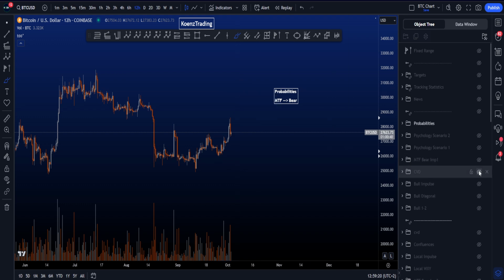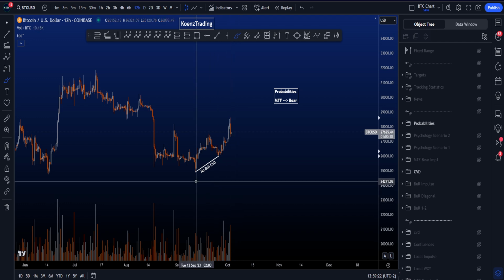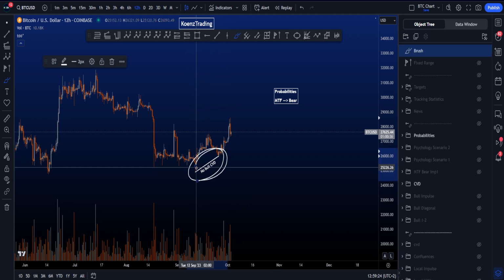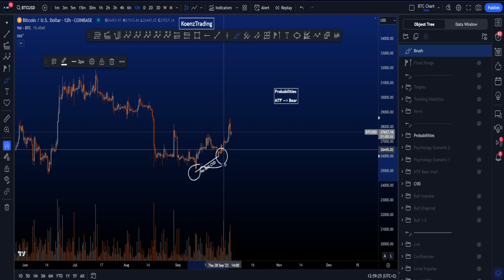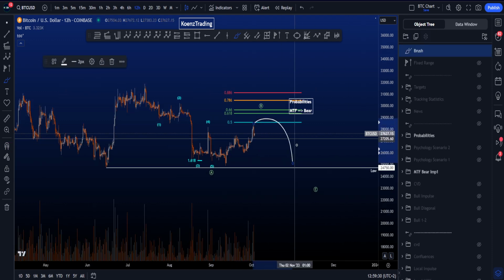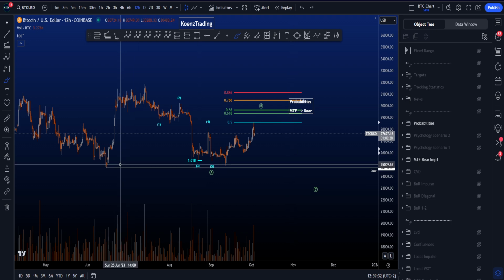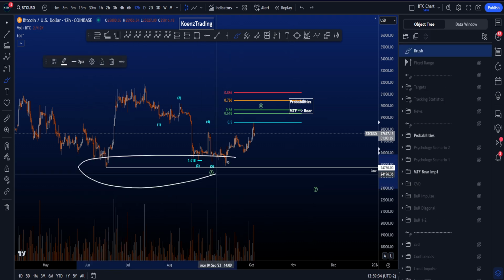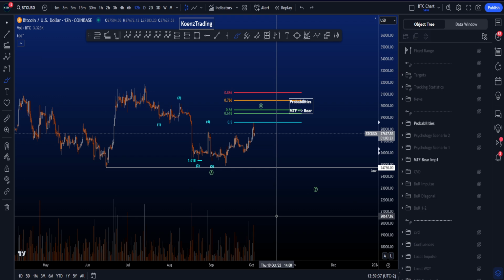This increases the probabilities for the bearish scenarios, also because we didn't see any bullish CVD divergences here between this low and the higher low, so the probabilities are higher that we still get a move to the downside, including the theory about this low being taken, the double bottom, and Bybit with a very big wick.